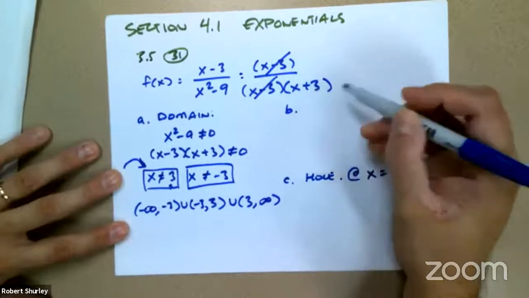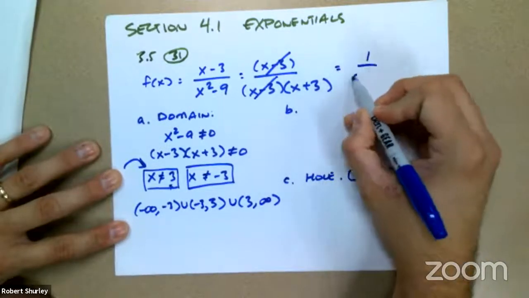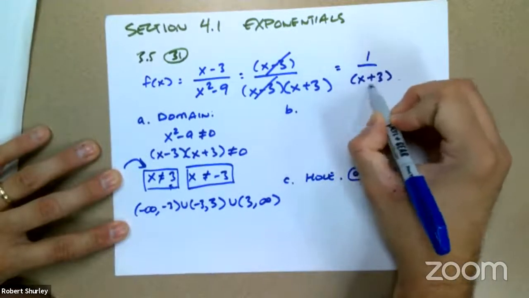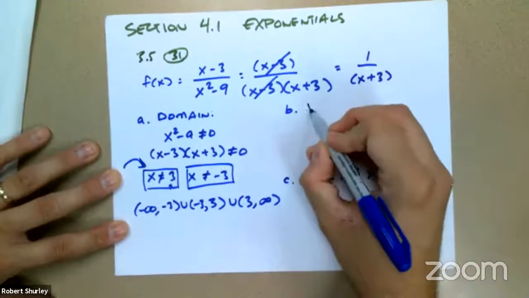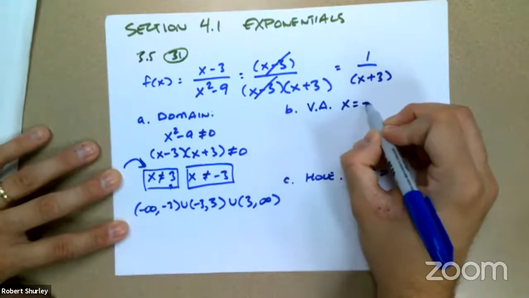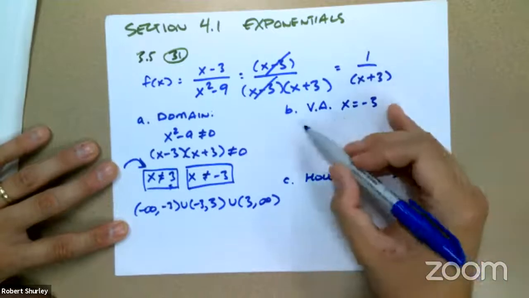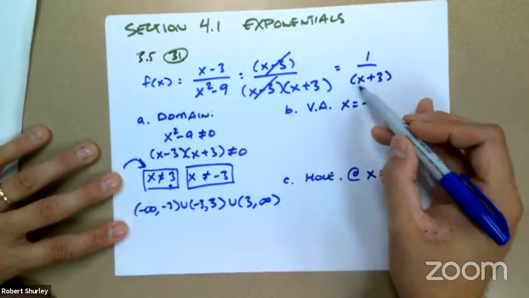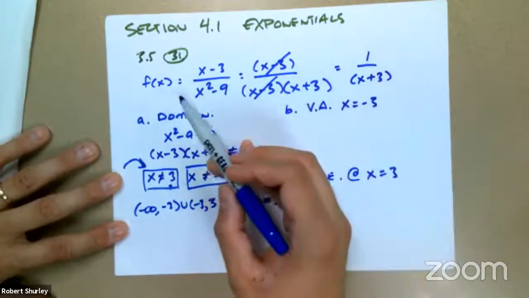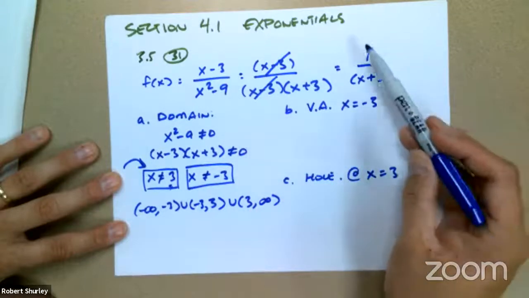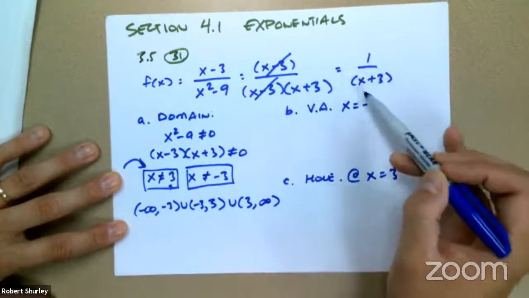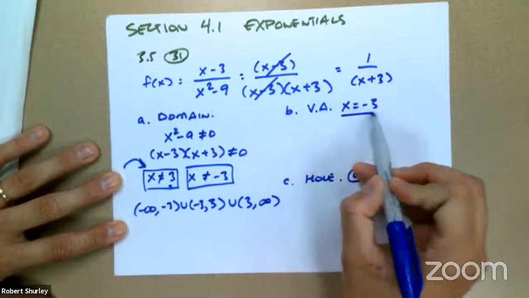And then whatever's left over, this winds up being 1 over x plus 3. Well, the restriction left over is x equals -3, right? That's going to be the vertical asymptote because that's the restriction left over. So after you completely simplify, if you have a restriction left over, that's a vertical asymptote.